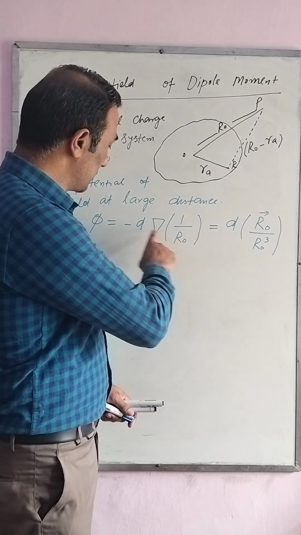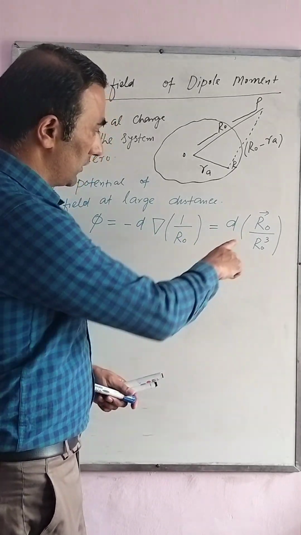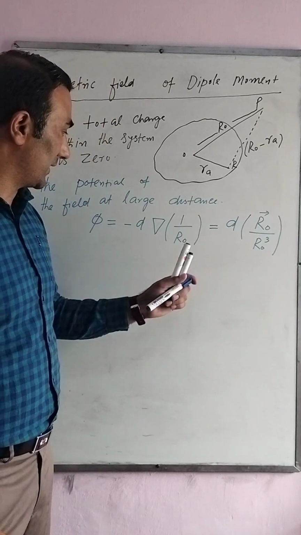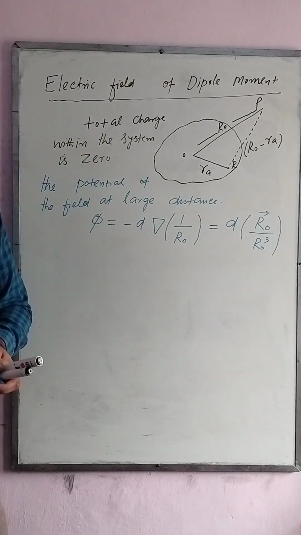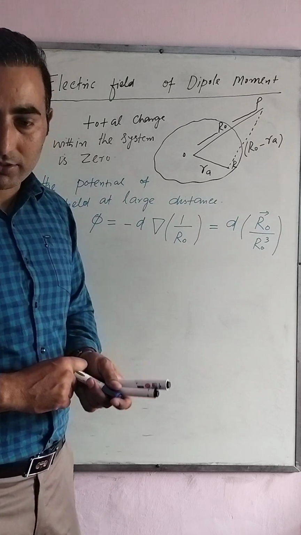So minus 1 by r square, so this will be plus, and you can write this as r naught divided by r naught cube. So ये हमने already किया है, so the potential at large distances from the center of the system of charges, right?